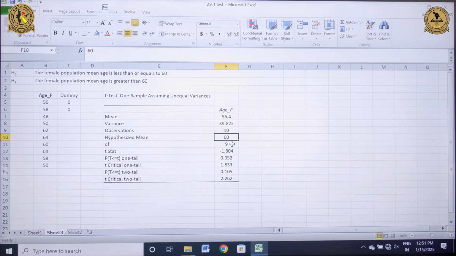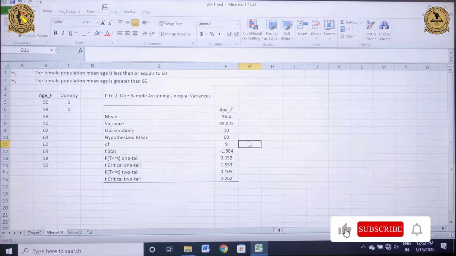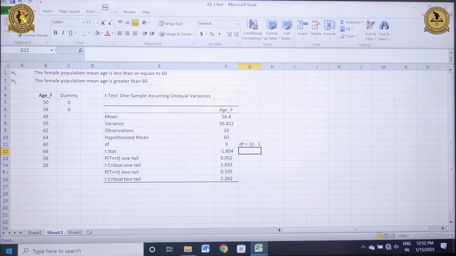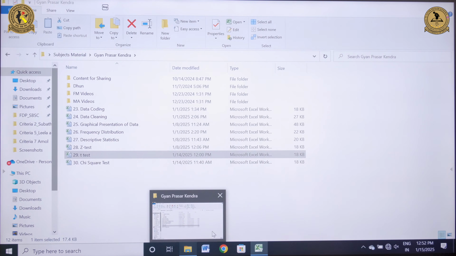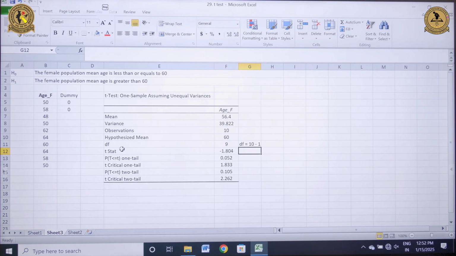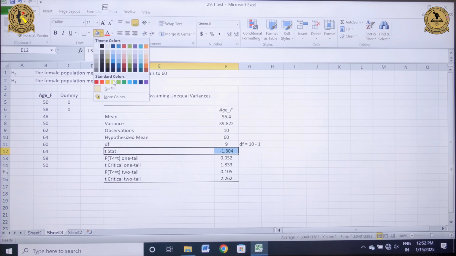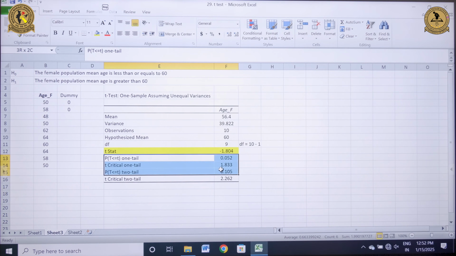Hypothesized mean is 60, and degrees of freedom is 9. Since the number of observations is 10, my degrees of freedom equals 10 minus 1. Now the t statistic is minus 1.804.